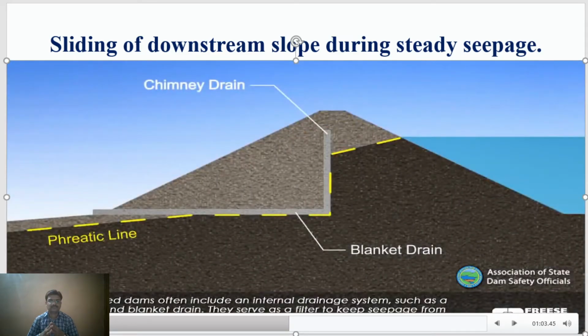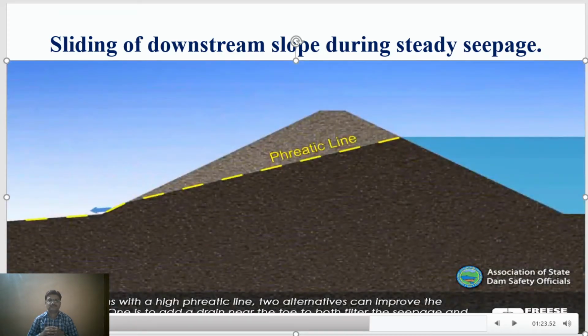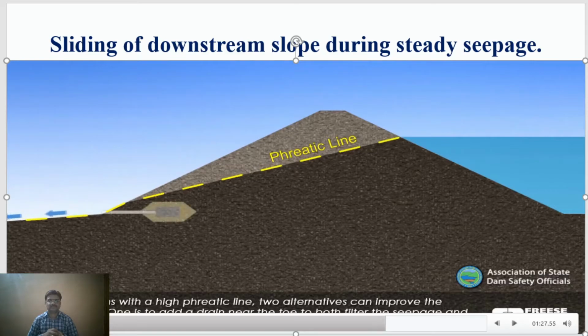Properly designed dams often include an internal drainage system, such as a sand chimney and blanket drain. They serve as a filter to keep seepage from moving any soil, as well as allowing seepage to be removed in a controlled fashion. This lowers the phreatic line and improves the stability of the embankment. For existing dams with a high phreatic line, two alternatives can improve the dam's stability.